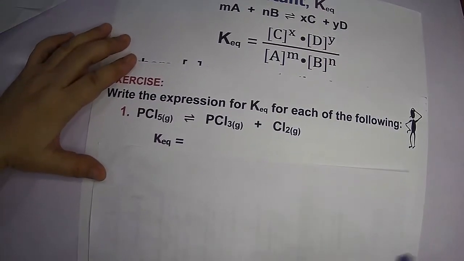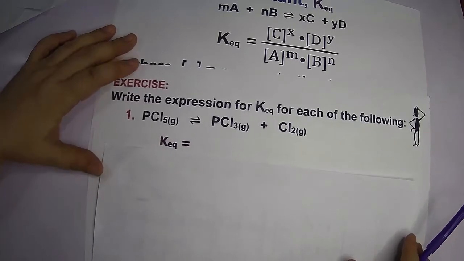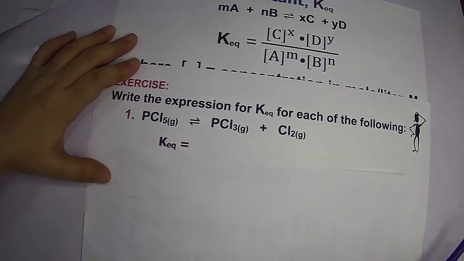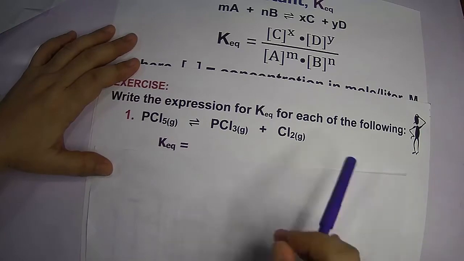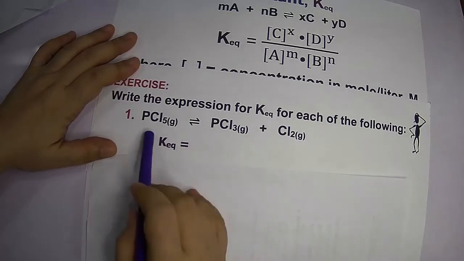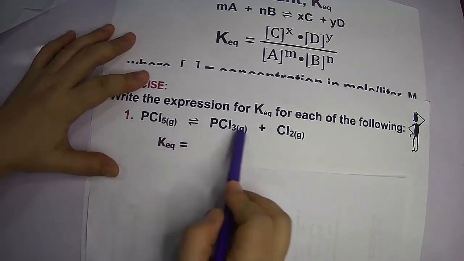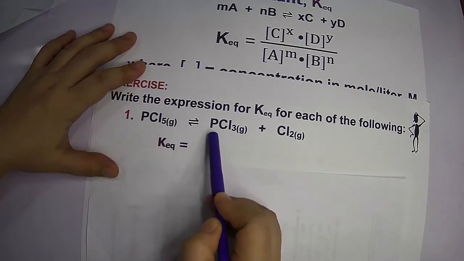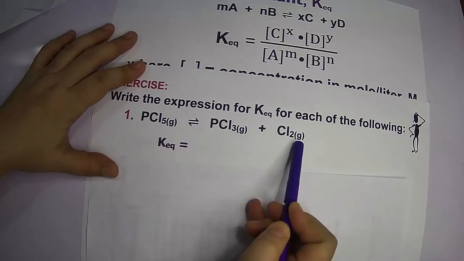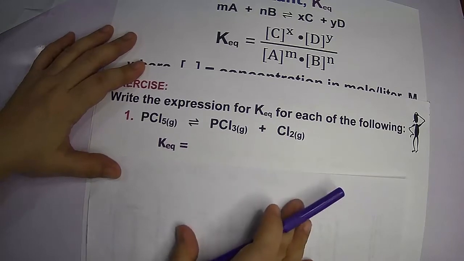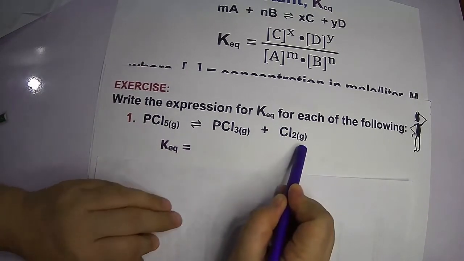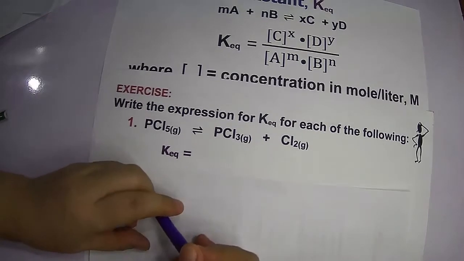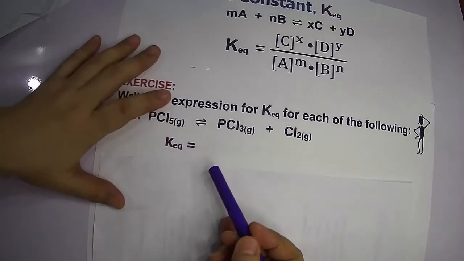For number 1, we have phosphorus pentachloride producing phosphorus trichloride and chlorine gas. We check if we have a balanced equation: 1 phosphorus, chlorine 5, and 3 plus 2 is 5, so we have a balanced equation. We take the products as part of the numerator.